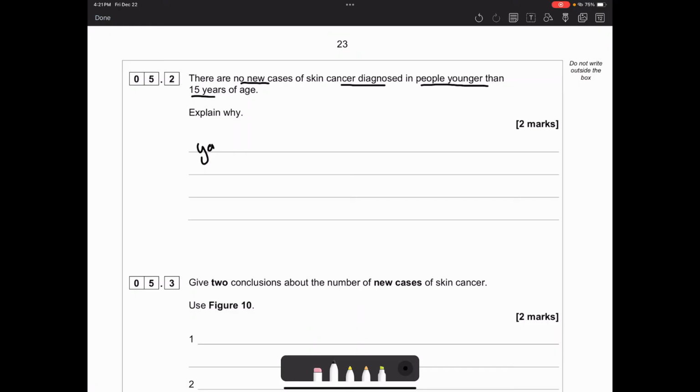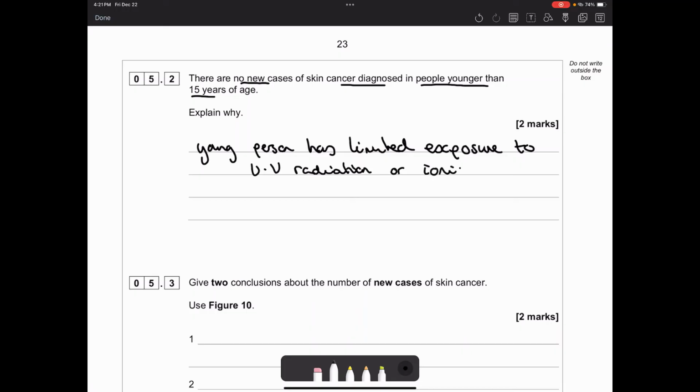So therefore you might say a young person has limited exposure to ultraviolet radiation or ionizing radiation. You just need one of them, really. So they haven't been exposed to much radiation.